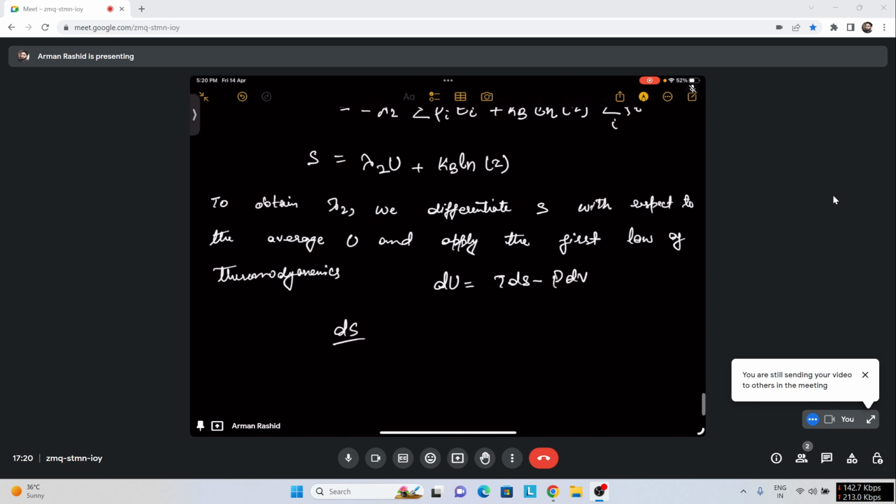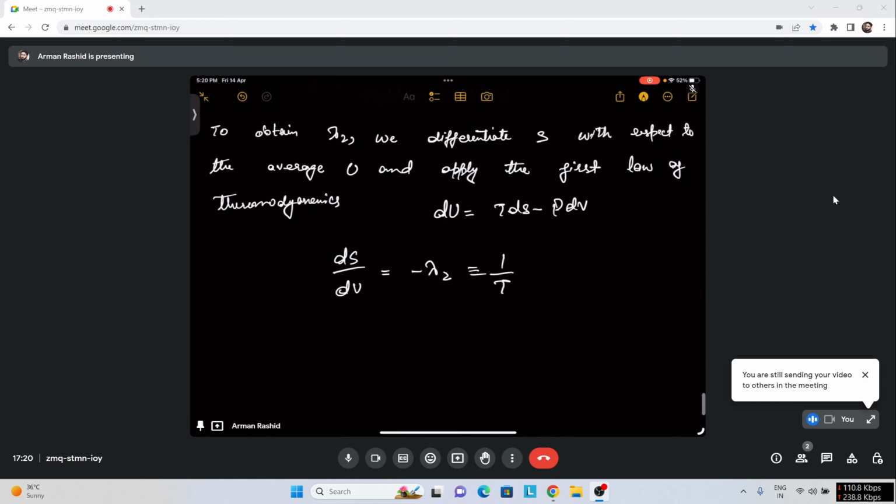So delta S by delta u is given by minus lambda by T. Okay, thus the canonical partition function z becomes z is given by summation over I e raised to the power minus beta ei.